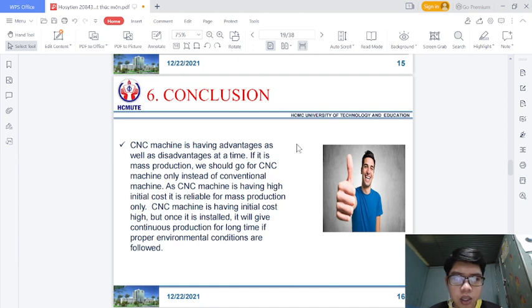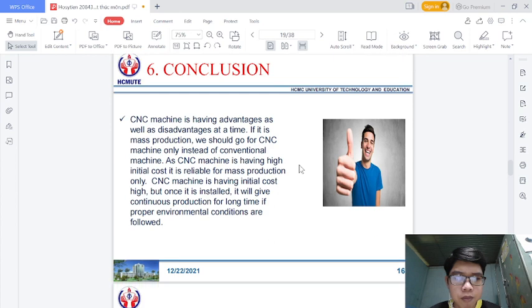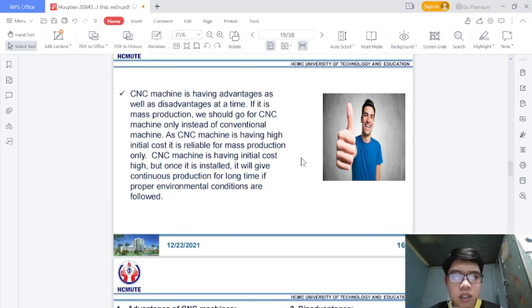As a CNC machine has a high initial cost, it is reliable for mass production only. The initial cost is high, but once it is installed, it will give continued production for a long time if proper environmental conditions are followed.